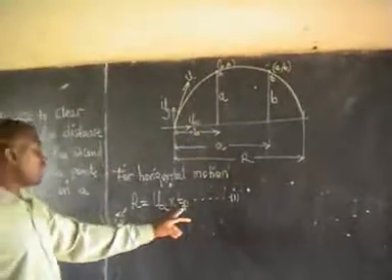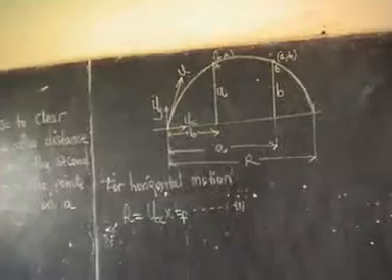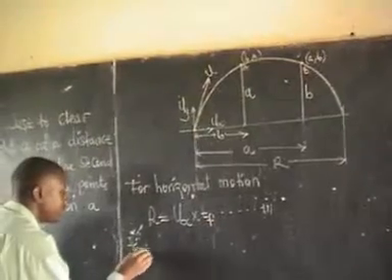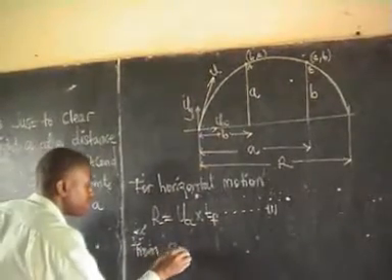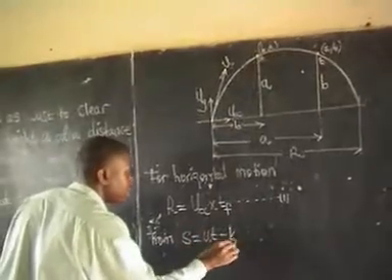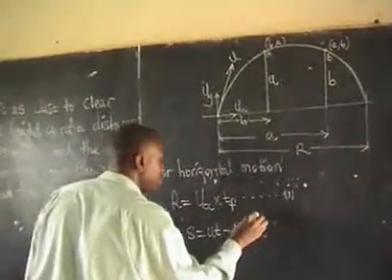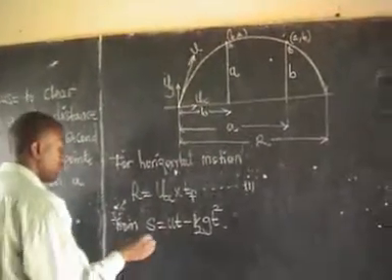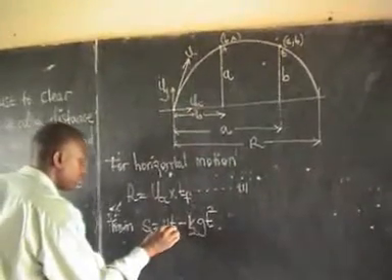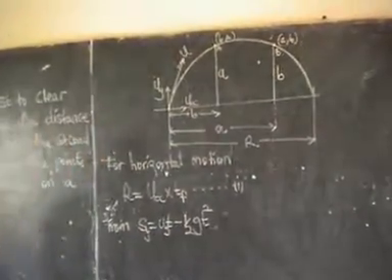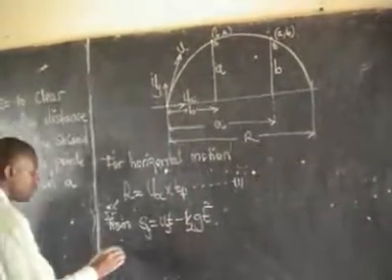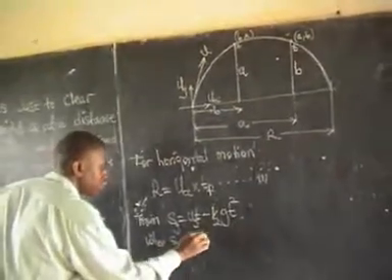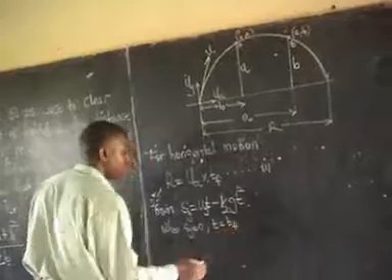So this equation is now demanding the value of TF. From S is equal to ut minus half gt squared, if we consider the vertical displacement, we shall say Sy is equal to uy t minus half g t squared. Now if I want to get my TF, when Sy is equal to 0, this t must be equal to TF.